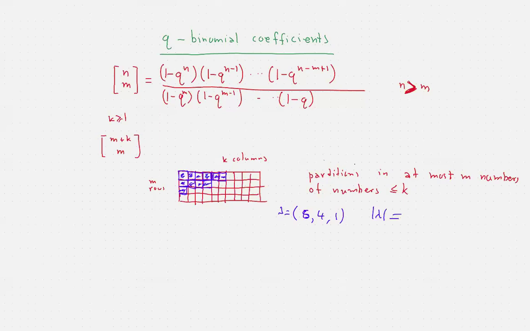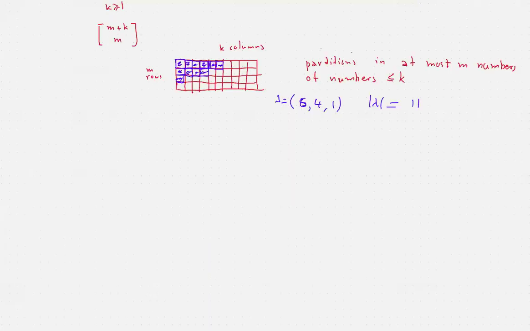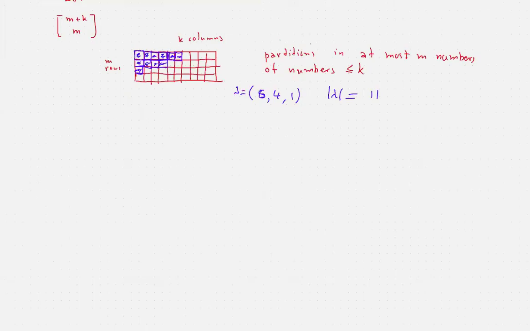And here the important thing that one should consider is that such a Young diagram corresponds automatically to a path that goes from the lower left corner to the upper right corner and just goes on the edge of this diagram.